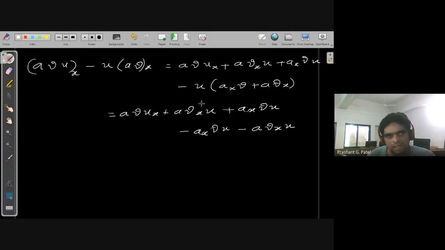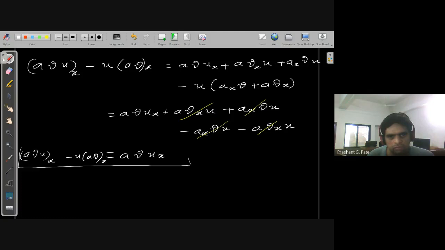Just observe that the a v_x u terms cancel, and a_x v u cancels with the other. So the left quantity is a v u_x. So what we have here is the partial derivative of a v u minus u a v_x. This is the second thing we got.